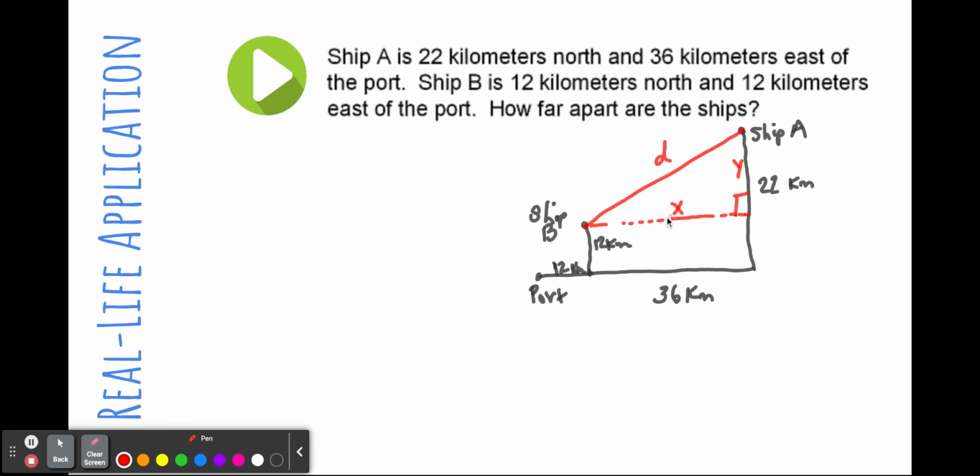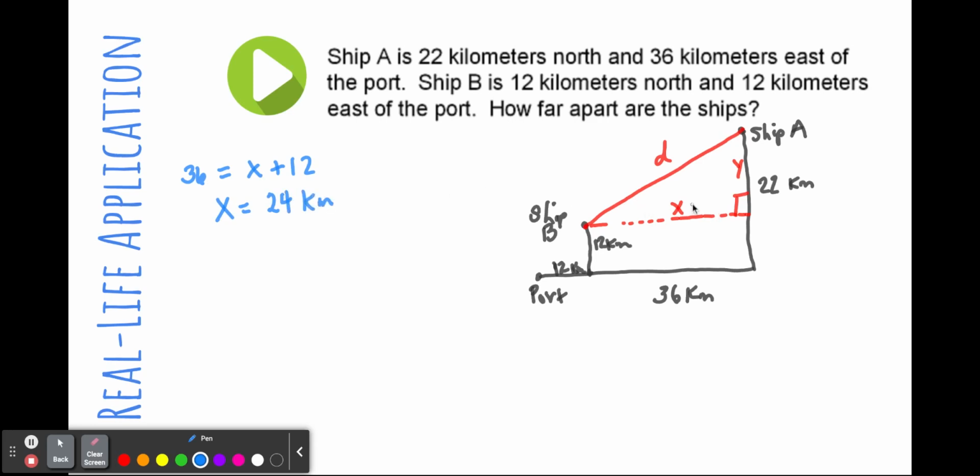Now, x, we know that 36 is equal to 12 plus x, or x plus 12. So if we subtract 12 from both sides, we'll get that the length of x is going to be 24, and that'll still be in kilometers.